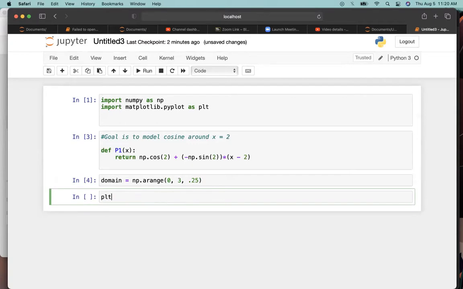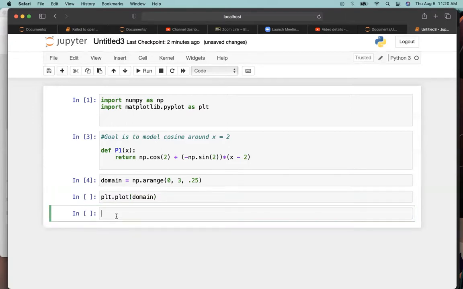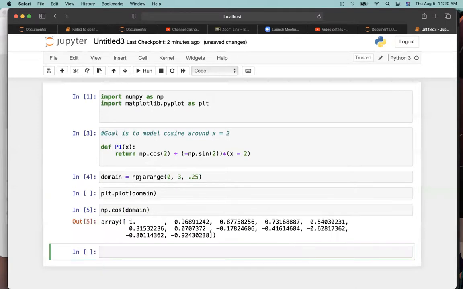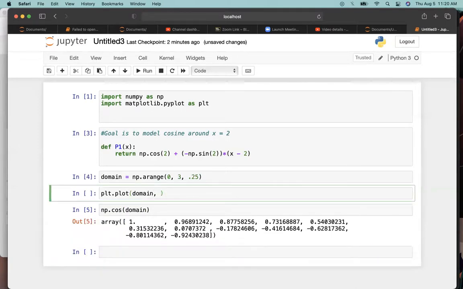So plot np.cos of domain, with color equals blue.